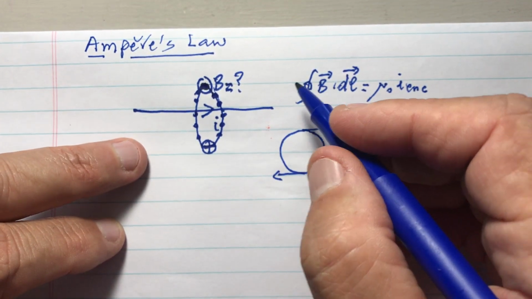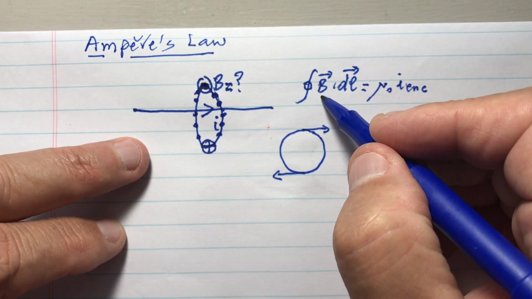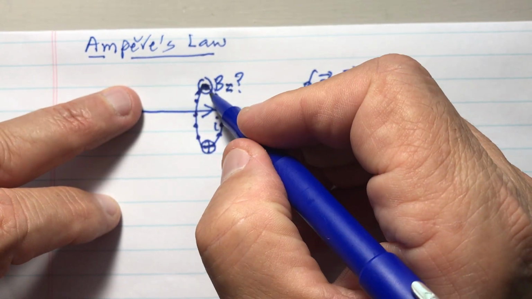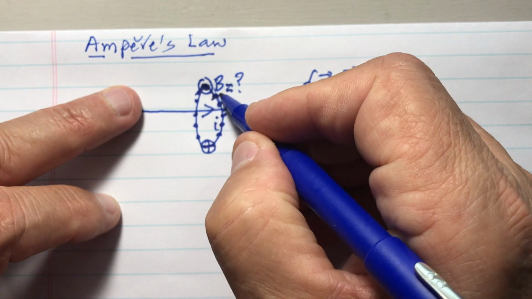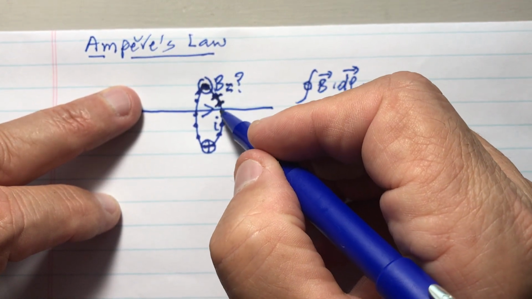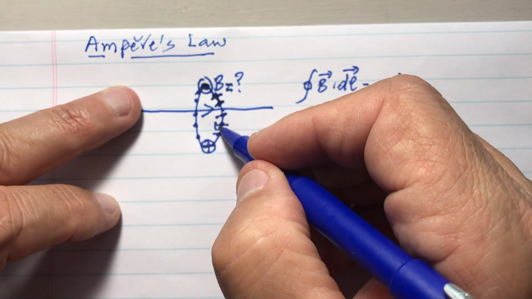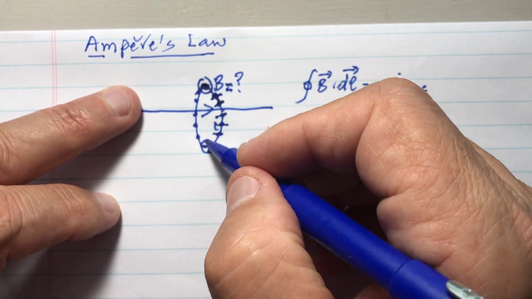So when you do the integral, B is constant. What you integrate is just the length, this small length, this is dl, and you add up all these dl's. If you add all these dl's, you just get the circumference of the circle.